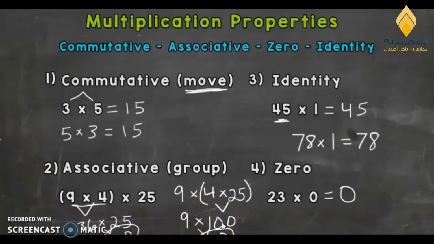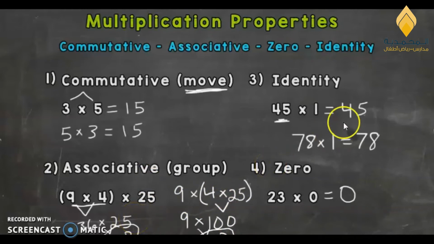Can you do it mentally? Excellent. 9 times 100 equals 900. So this exercise is much easier than the other way. The associative property helps us do the calculation mentally. We grouped the numbers and put the brackets around the 4 and 25. The answer is 900.